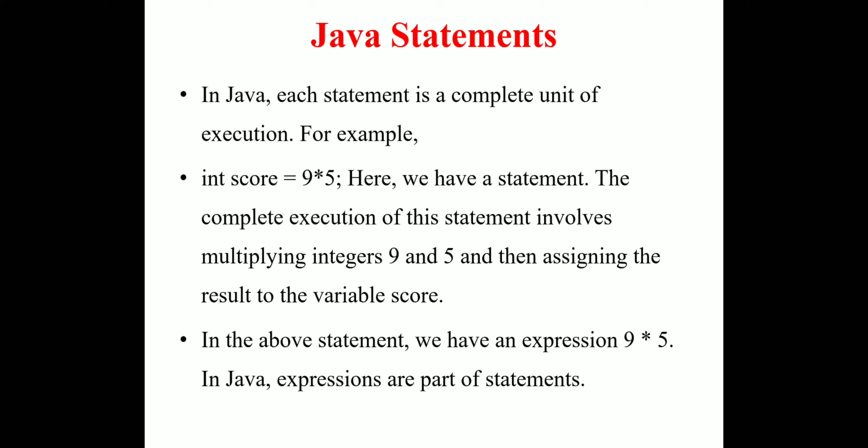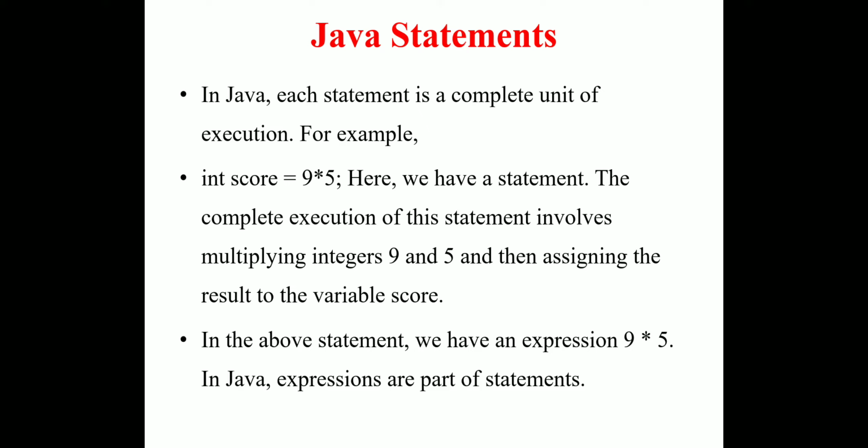In the above statement we have an expression, that is 9 * 5. In Java, expressions are part of a statement. Here, in the second point, int score = 9 * 5 is the full statement. Only 9 * 5 is the expression.